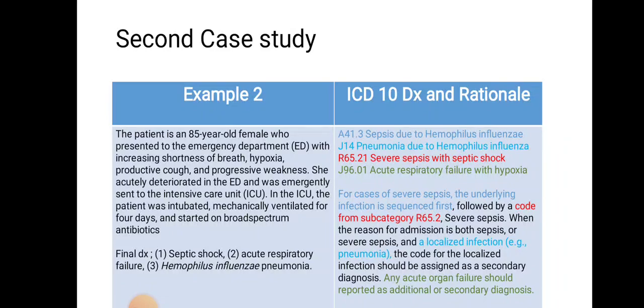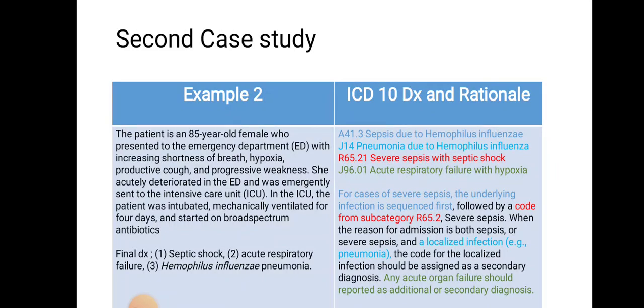First they have given septic shock, but we cannot code septic shock as primary because, as per the coding guideline which we discussed in the previous video, the R65 series cannot be coded as primary. It has to be coded first with the infection, followed by the severe sepsis or septic shock, and then the acute organ failure code, as I have shown in the previous scenario.